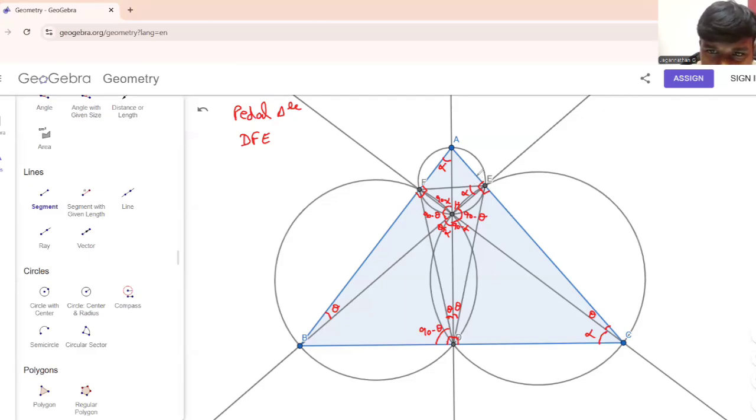Because this is totally 90, this angle will be 90 minus alpha. This is again created by which chord? It's created by the AF chord. So it's creating 90 minus alpha here as well. That also you can see. So slowly we are just chasing our angles. We are trying to fill them up. So 90 minus alpha, 90 minus alpha, theta plus alpha. So this angle will also be theta plus alpha.